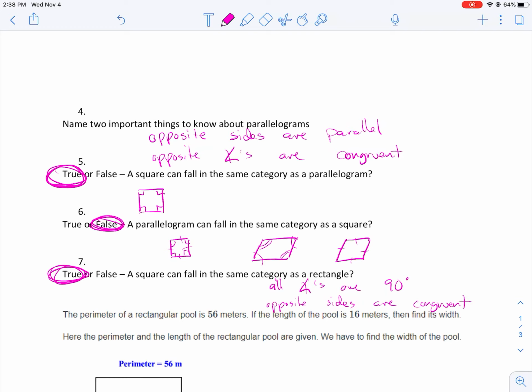So therefore, a square can fall in the same category as a rectangle. But can a rectangle fall in the same category as a square? No, because a square has all equal sides. So this is a little brain teaser to get you thinking about the traits of what it means to be those actual shapes. Squares, rectangles, parallelograms. What's the difference between them? But what makes them also similar?